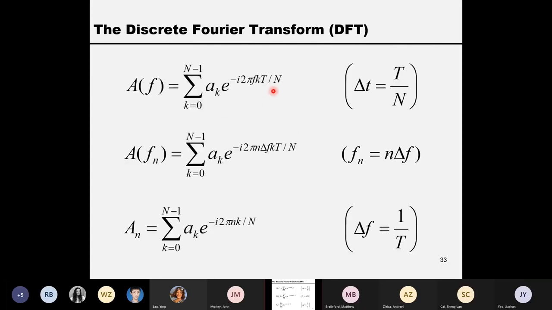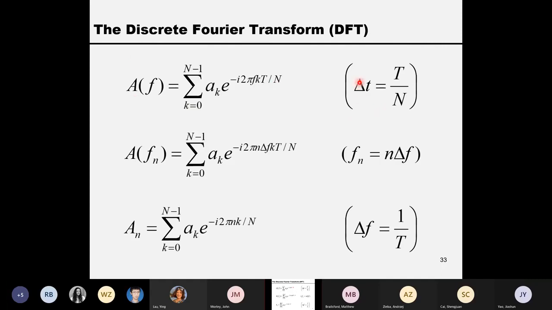Now, because we assume everything is digitized, not only the time series, but also the frequency after the Fourier transform, all digitized, right? So now we just see what we actually have in your computer software. So that's the formula we got before.